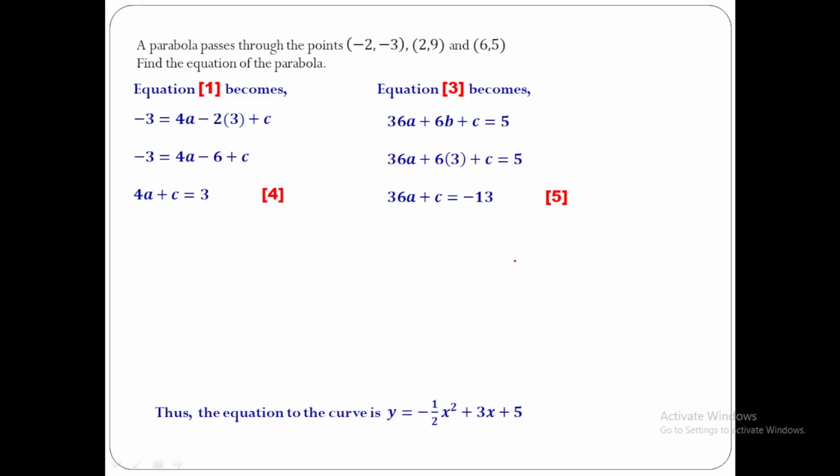We get the equation as 36a plus c is equal to minus 13. Then we have the two equations 4 and 5. Now we can subtract 4 from 5. We get 36 minus 4 is 32a equal to minus 13 minus 3, which is minus 16. By 32, a is equal to minus 1 by 2.